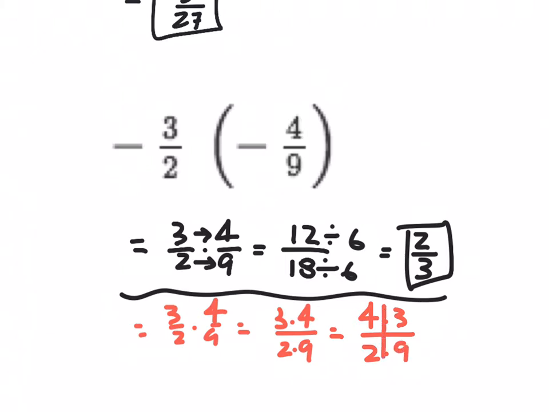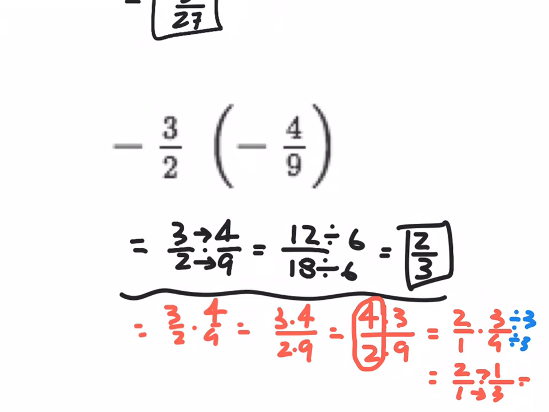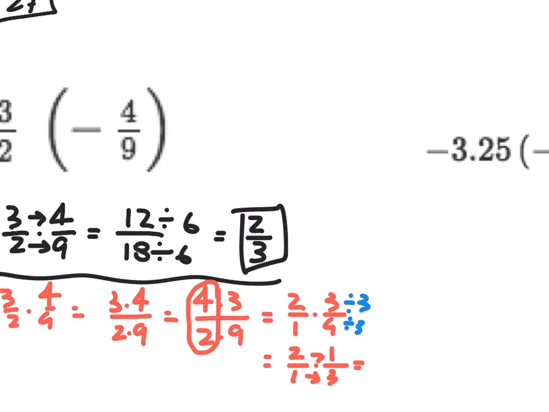Now, if I look at 4 divided by 2, that simplifies to 2 over 1, and then times 3 over 9. Each of 3 over 9 are divisible by 3, so I get 2 over 1 times 3 divided by 3 is 1, and 9 divided by 3 is 3. When I multiply these across, I also get 2/3. 2 times 1 is 2, and then 1 times 3 is 3. So I get the same thing.